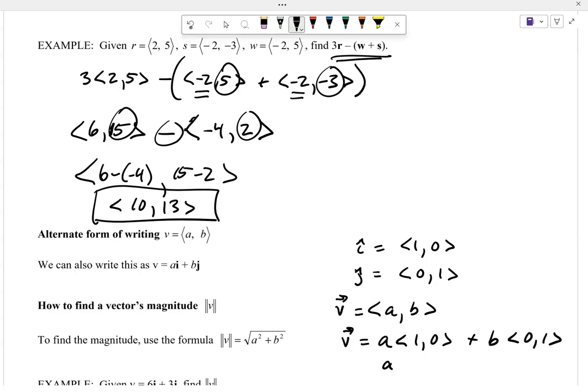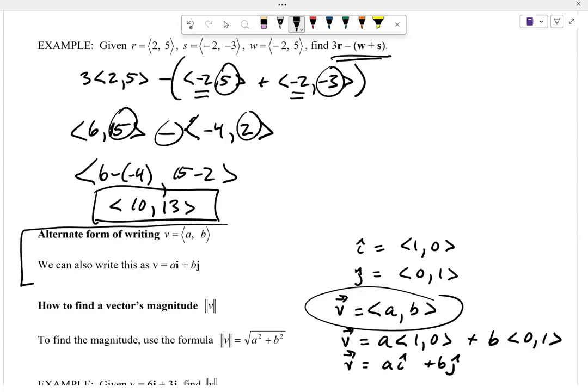In other words, a i hat plus b j hat. That's another way to express it. So this is your alternative form. I just want to give you a little bit of background on that.